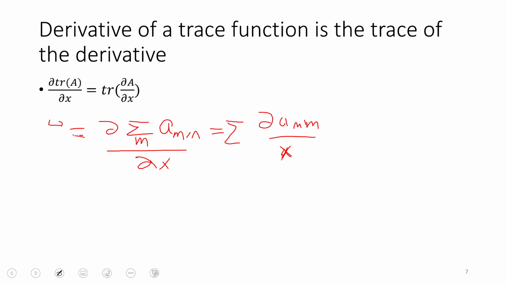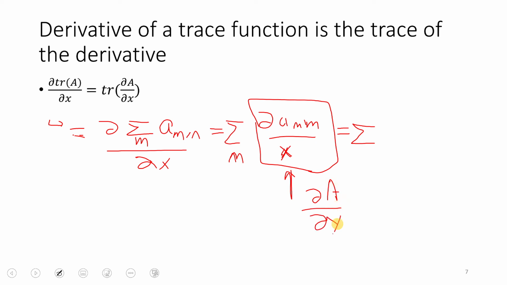Since we only sum the diagonal terms, we can expand this to all elements of partial A to partial x.